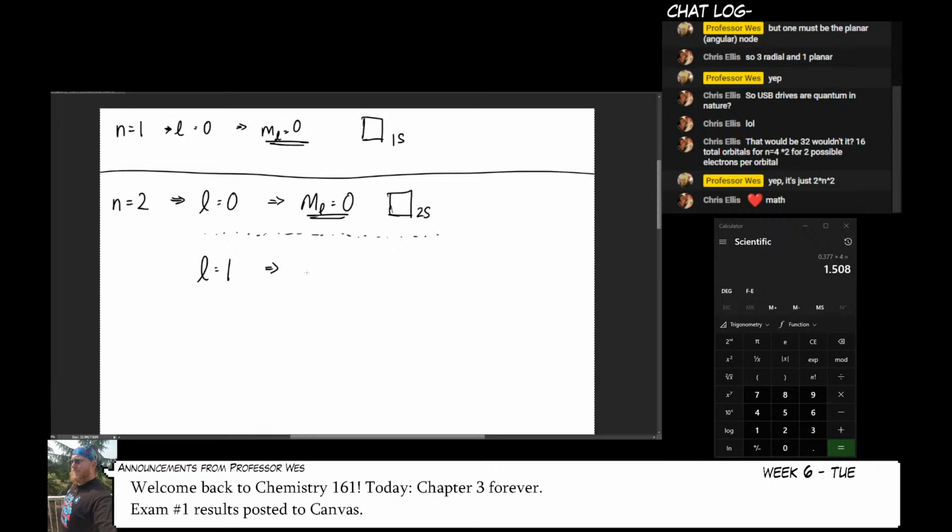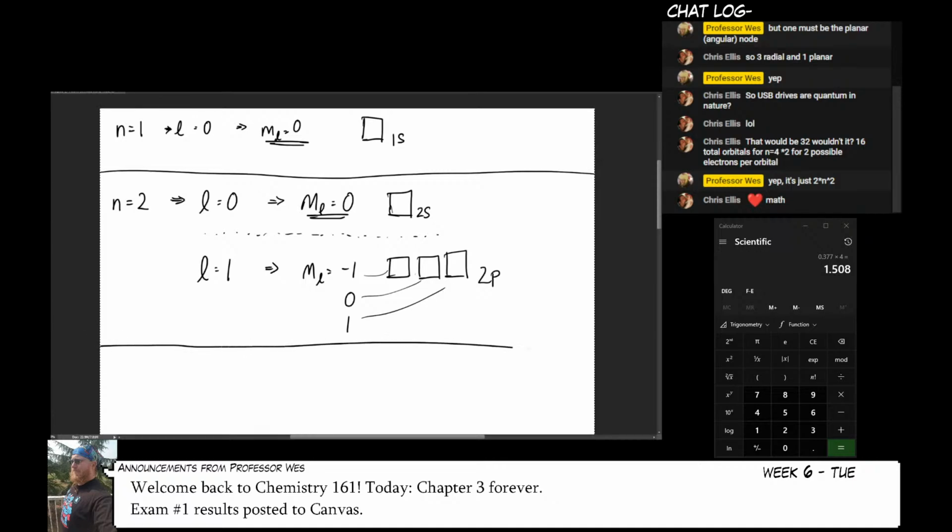And if that's true, M sub L could be -1, 0, or +1. Each of those is going to be an orbital, and we'll call it 2p. And those are all the possibilities for N equals 2.